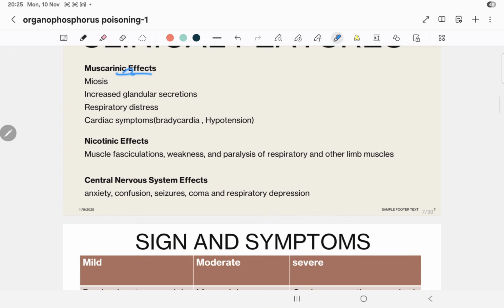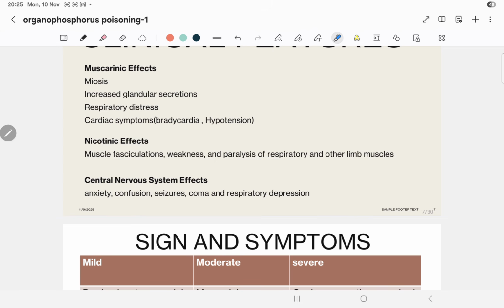Muscarinic symptoms, due to the increased stimulation of muscarinic receptors, are miosis, that is constriction of pupils, increased glandular secretion, respiratory distress and cardiac symptoms. These four categories come under muscarinic effects. Nicotinic effects are muscle fasciculation, weakness, and paralysis of respiratory muscles and limb muscles.